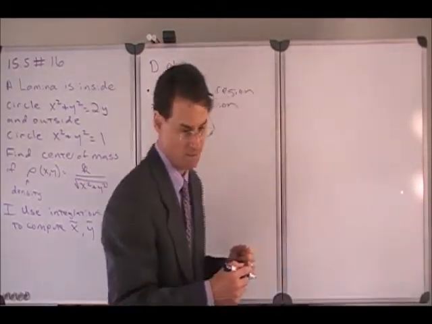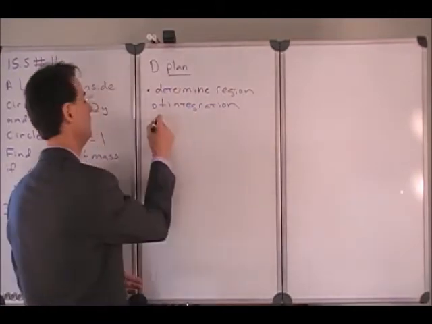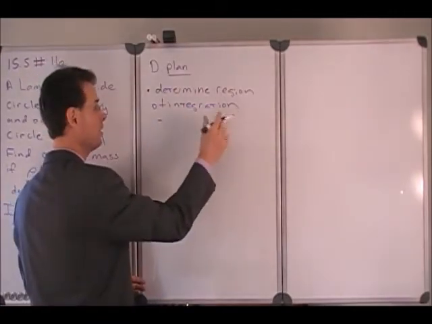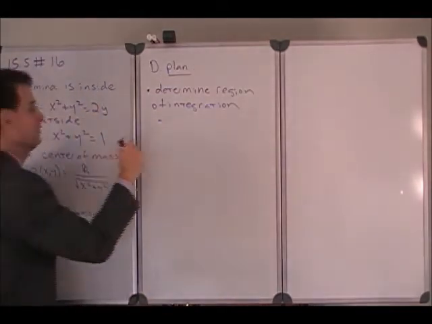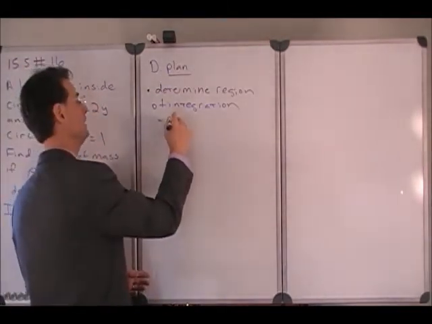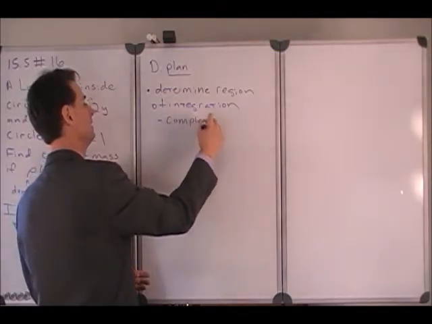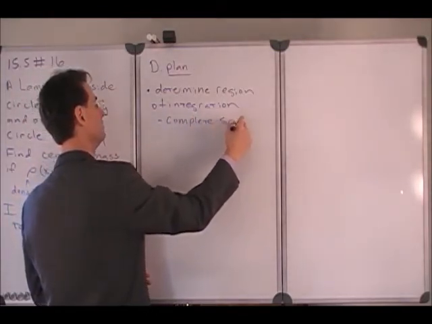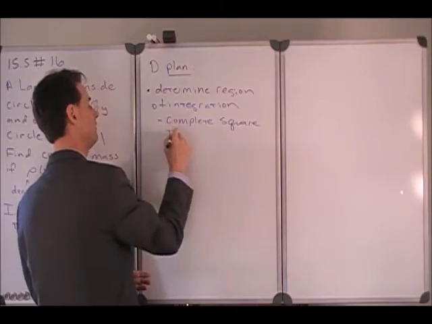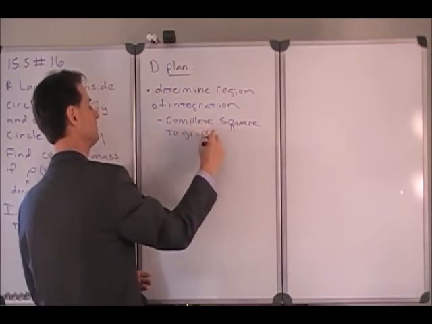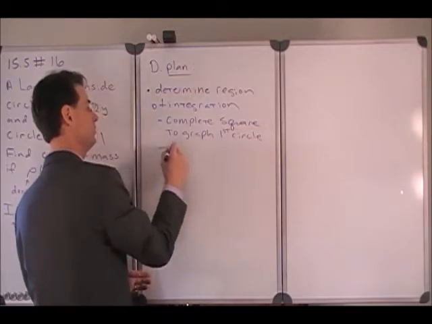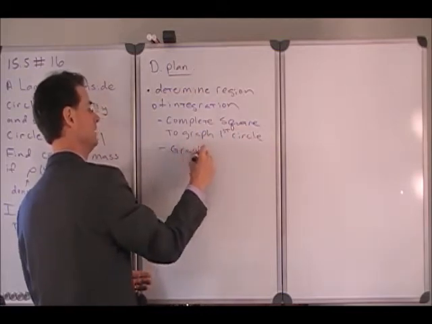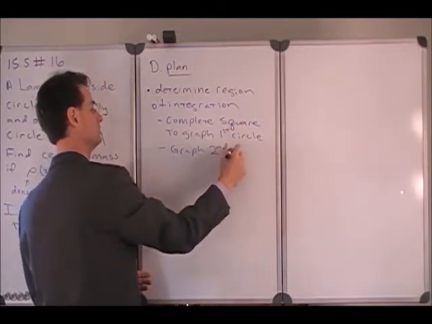And this has some sub-steps. We need to end up drawing a nice picture, but this isn't trivial because graphing this circle here isn't trivial. So first we want to complete the square to graph the first circle. And then we also want to graph the second circle.